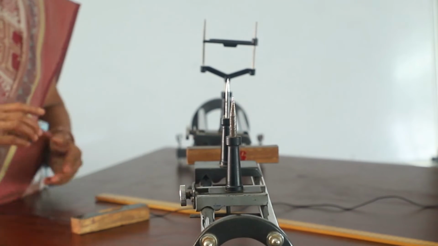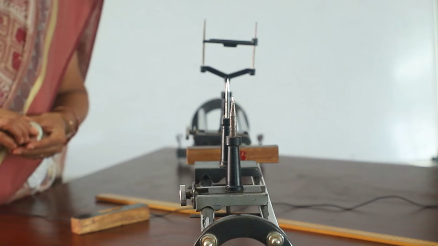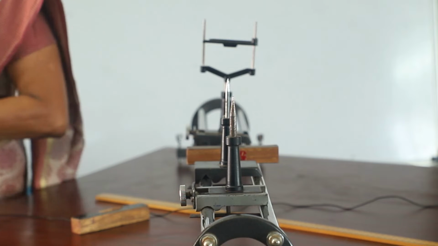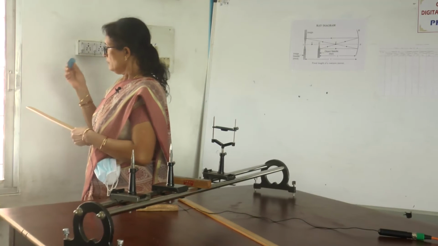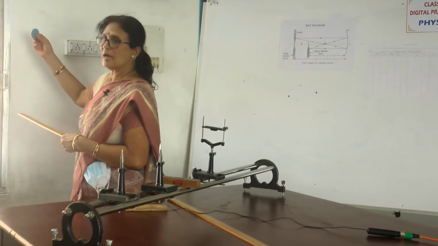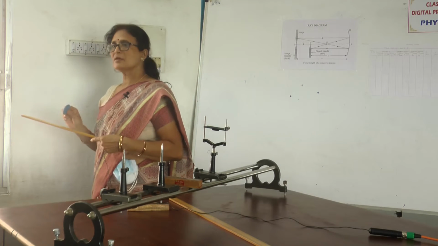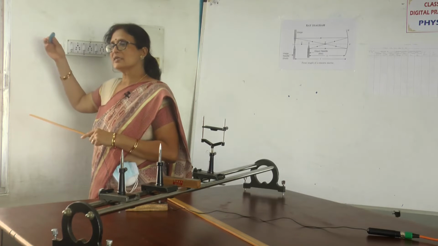Next, we have to find the rough focal length of the concave mirror. How will you find the rough focal length? If we focus a very distant object on the wall, when the object is at a very large distance in comparison to the focal length of the mirror, then it is considered that the object is at infinity.